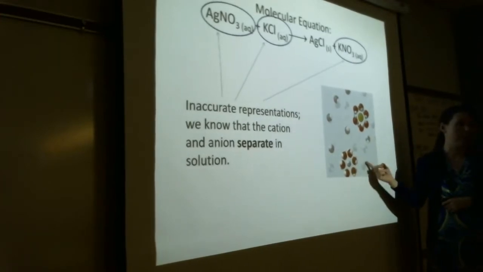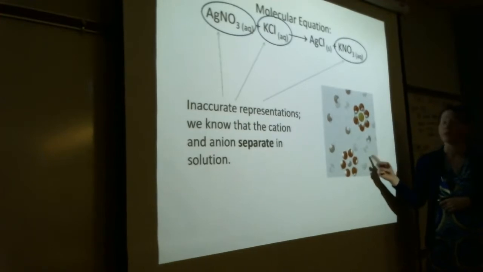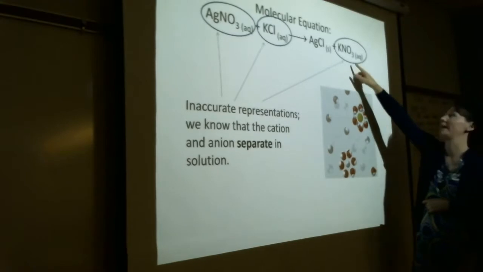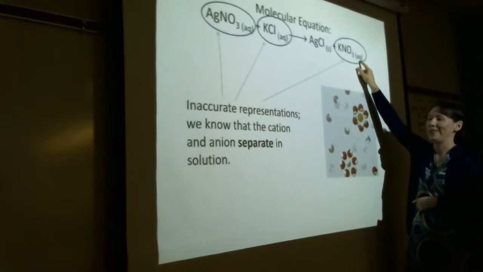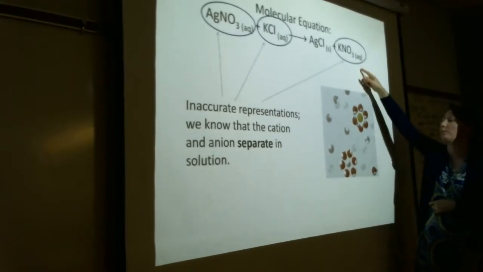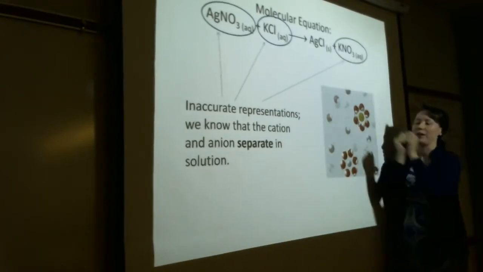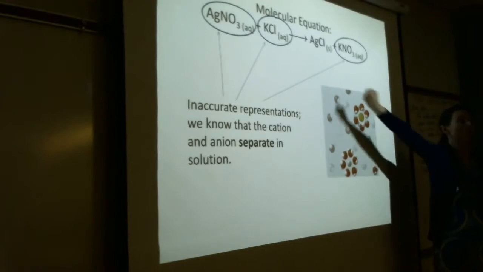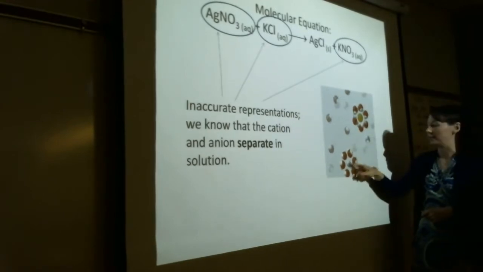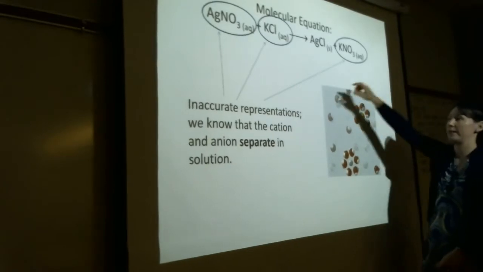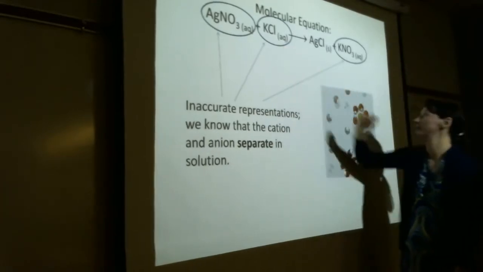Do you remember this? Ion-dipole intermolecular force is what causes this solution to look like this. So if you write KNO3 (aq), that's really not an accurate way to represent the solution, because the K+ and the NO3- aren't stuck together anymore. They're split apart. So K+ is here by itself, nitrate's here by itself. Same thing here with KCl.